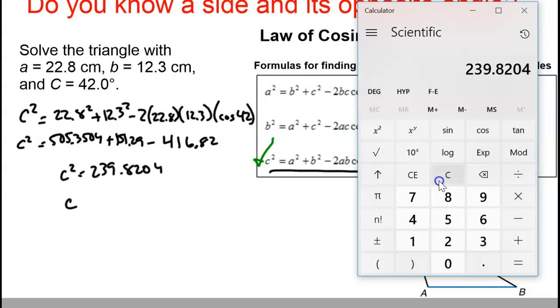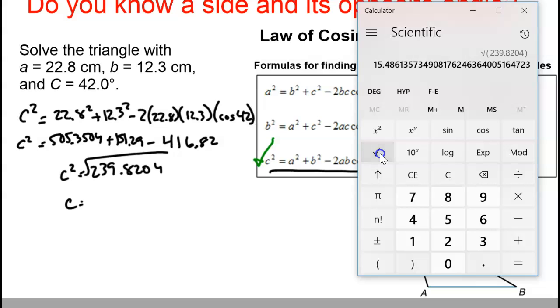And to get C, we need to take the square root of that. And we will come up with C is 15.49.